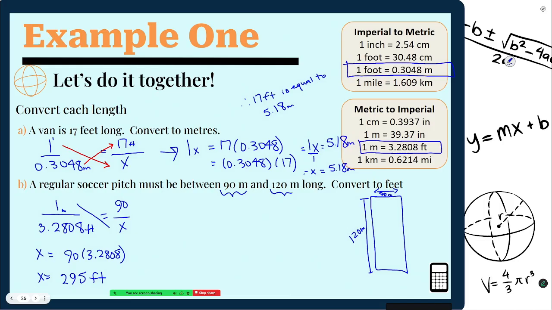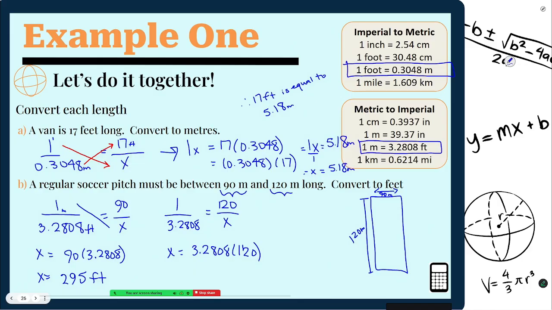Now, let's do the second. 1 meter is equal to 3.2808 feet. So 120 meters is equal to x. Let's find out. Let's cross multiply. 1 times x is 1x, or we can just write x for this sake. Then we cross multiply. And again, doesn't matter which way you write it. You can do 120 first, or you can do 3.2808 first.